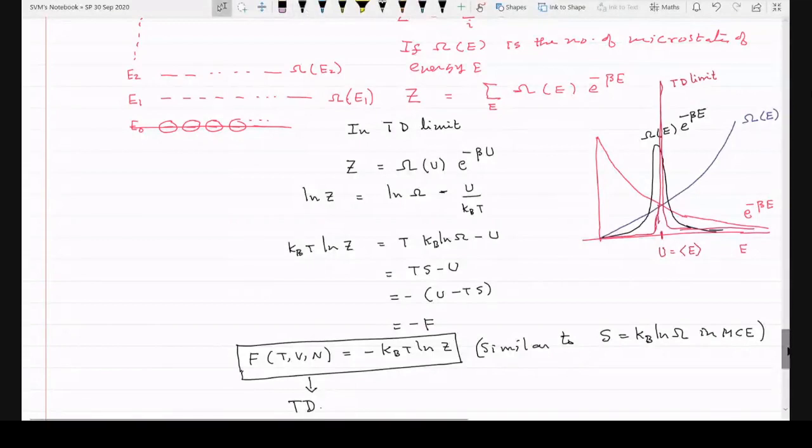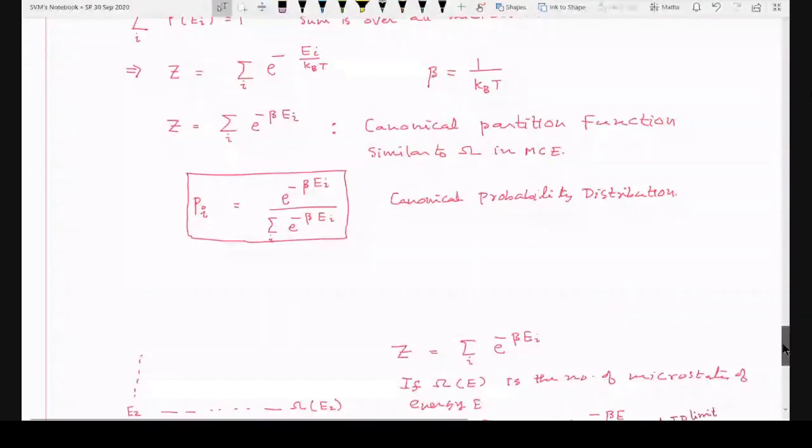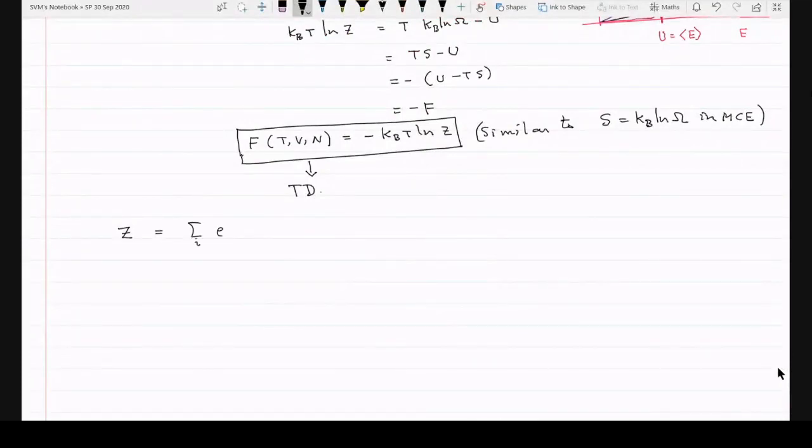So this is the expression, so that means we can say that there are three levels of description. That is, you can say that Z is equal to sum over i e to the minus beta Ei. This is sum over all microstates.